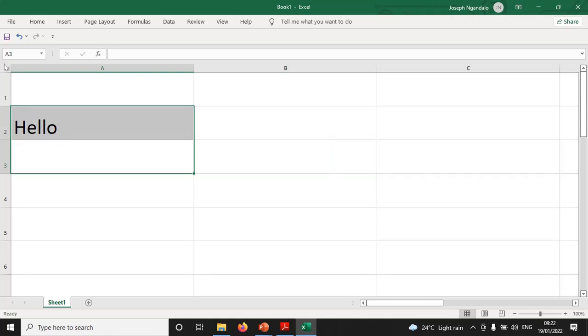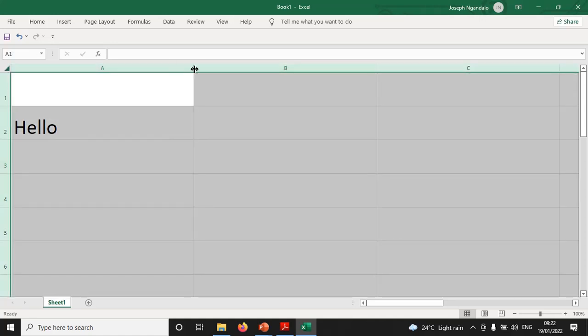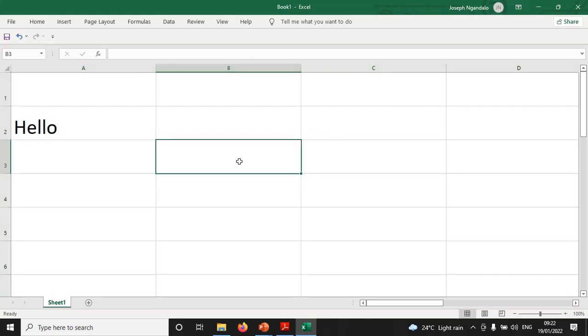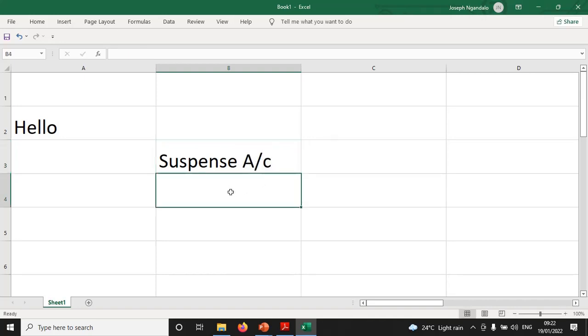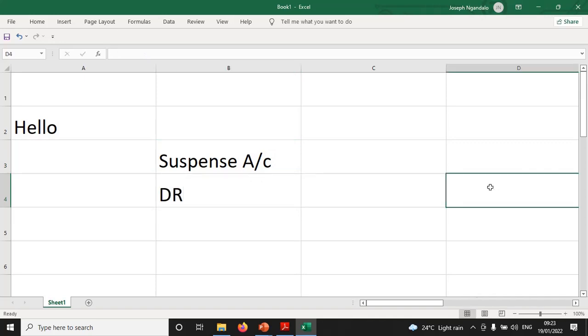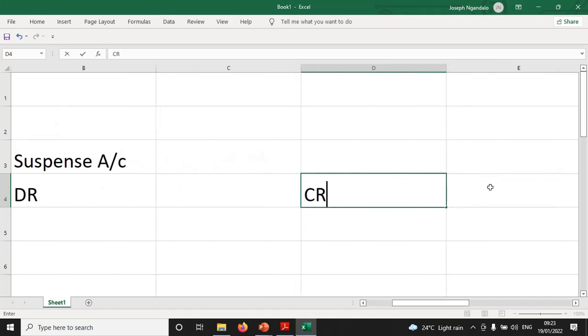Let me just try to do this. Yes, suspense. Are you able to see what I'm typing? You can see, right? There is the debit here. Then this side there will be what? Credit, right?